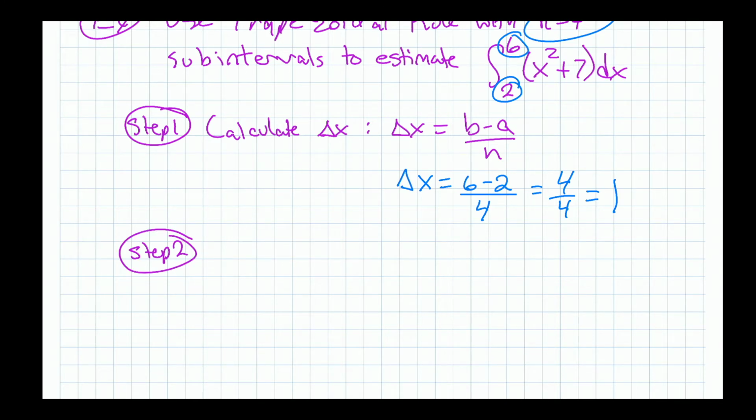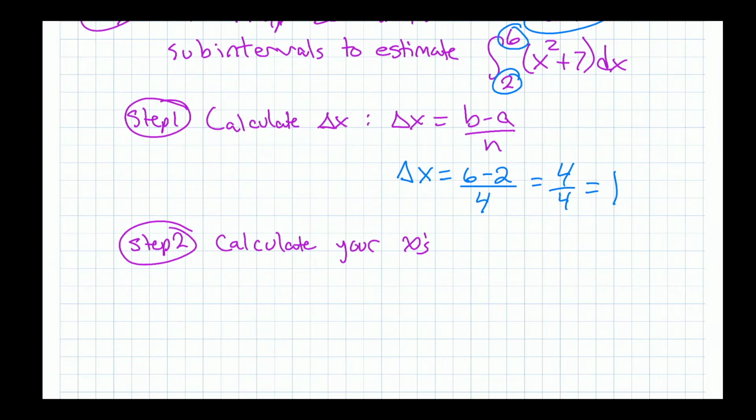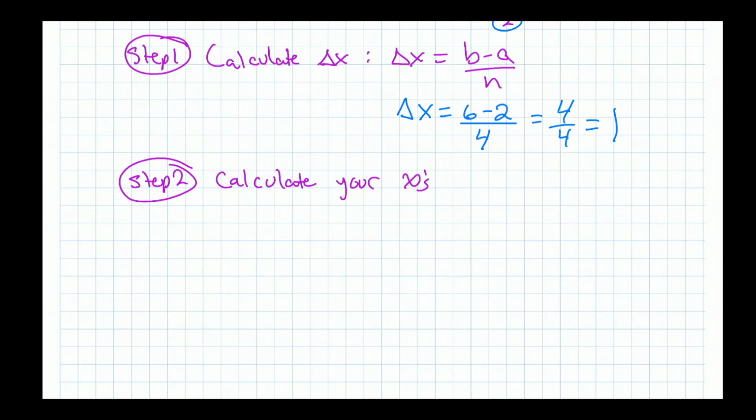All right. Once you have the delta x, you need to calculate your x's. It's really easy. If you want to save space, you can calculate it this way: x0 is a, x1 is a plus delta x, x2 is x1 plus delta x, up to xn, which is x(n-1) plus delta x.